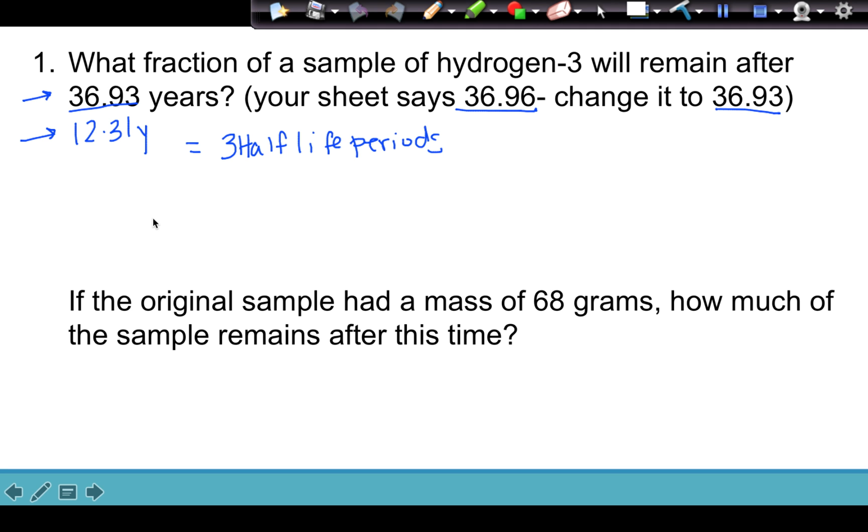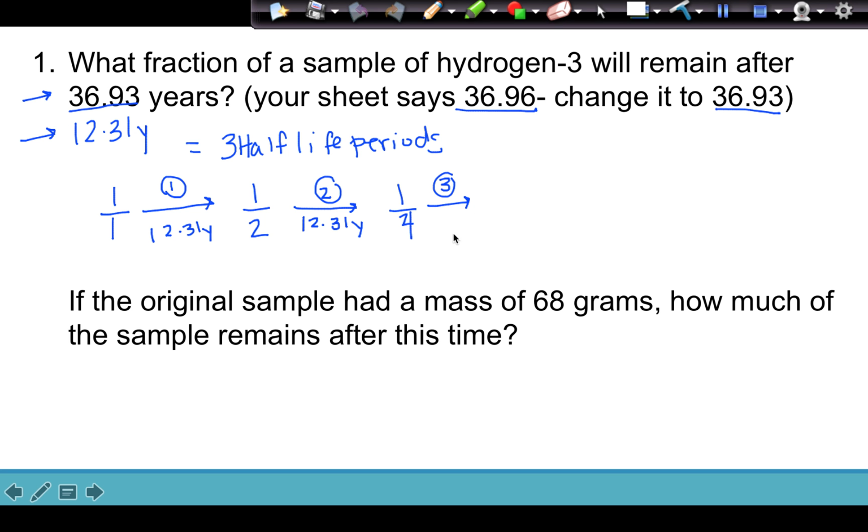Once we know that it's 3 half-life periods, we know that any whole original amount starts as 1 over 1. After one half-life period goes by, which was the first 12.31 years, that 1 over 1 changed into 1/2. After the second half-life period, another 12.31 years, we now have a quarter left.